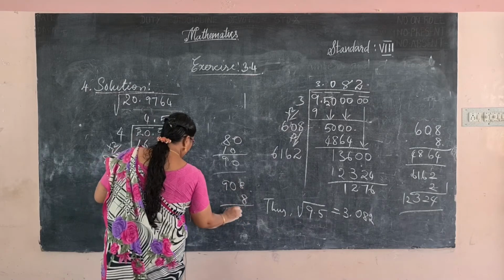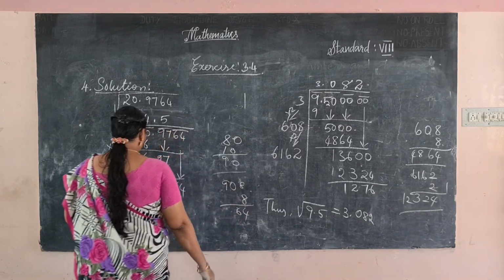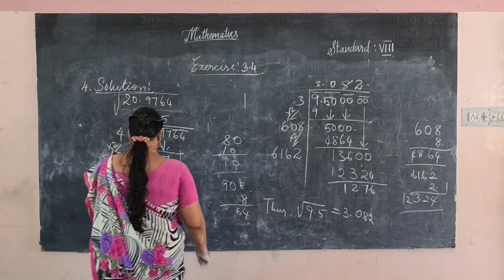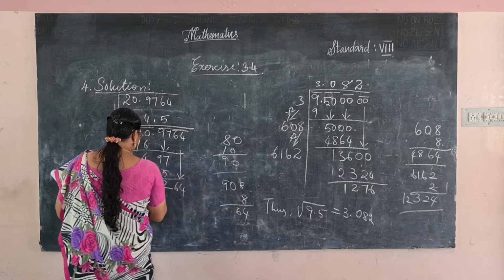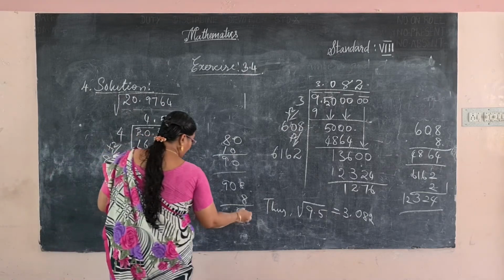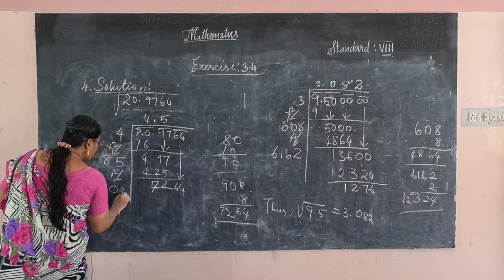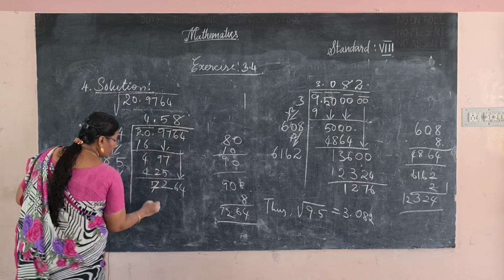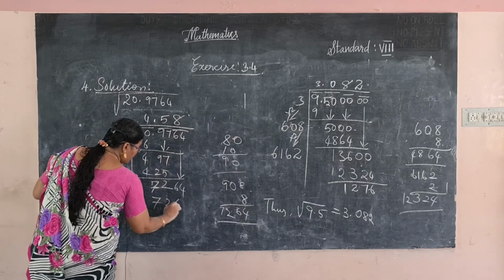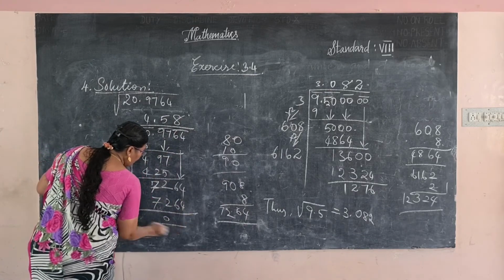8 8s are 64. Here 72. So how many times is possible? 8 times. 7264. The remainder will be 0.